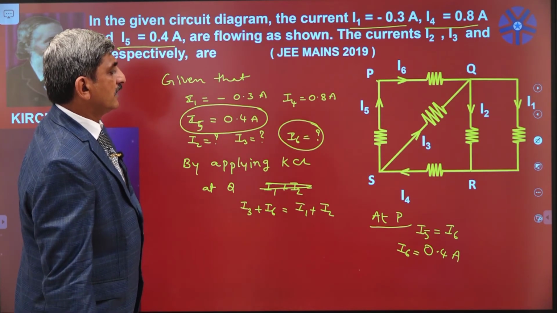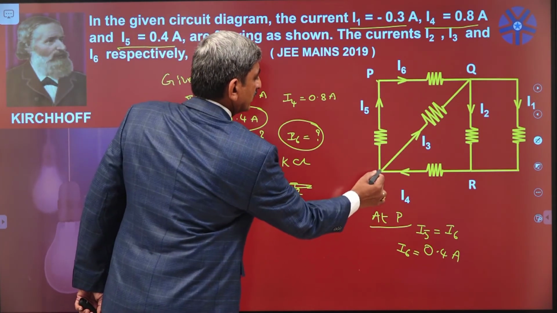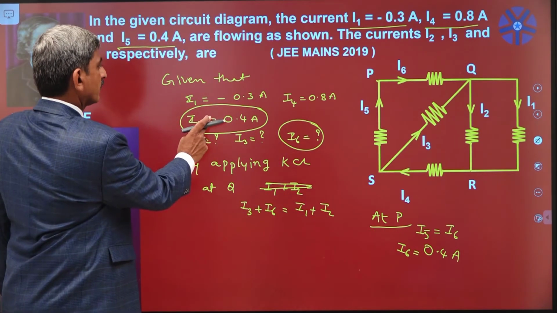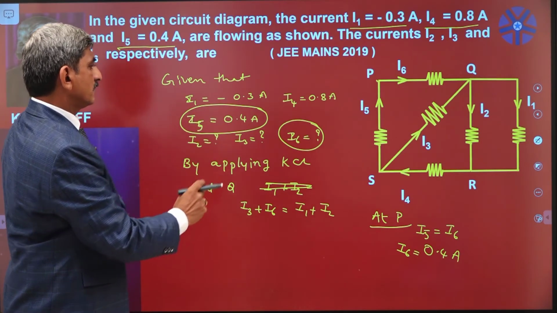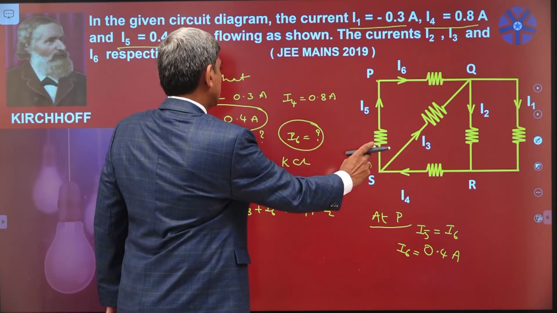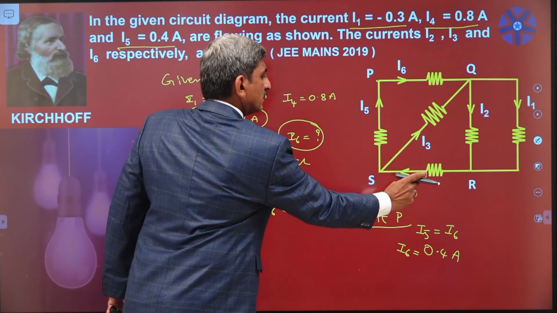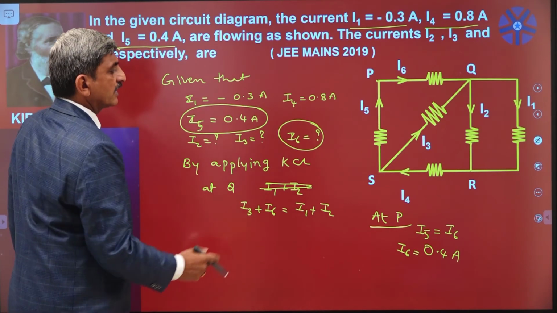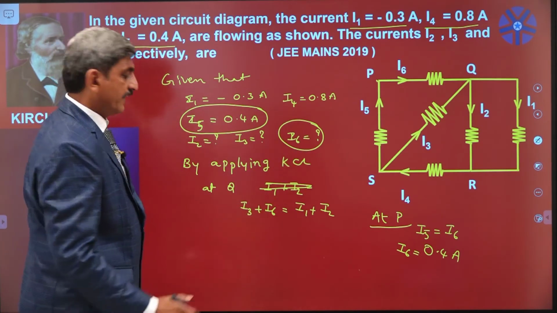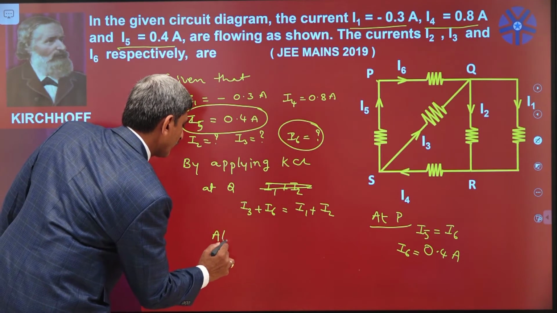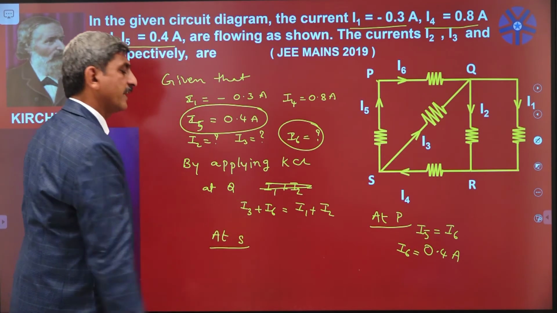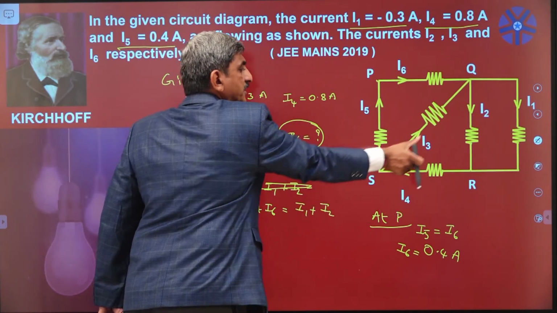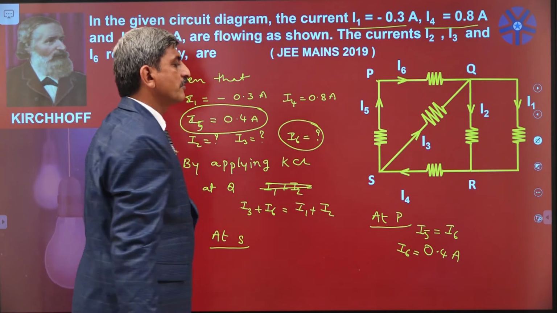Similarly, let us apply the Kirchhoff's current law at point S. I5 is known, I4 is known. We want to determine I3 value. For that, let us apply the Kirchhoff's current law at point S. Here, this current is flowing into the junction. This is flowing away from the junction. This is also flowing away from the junction.